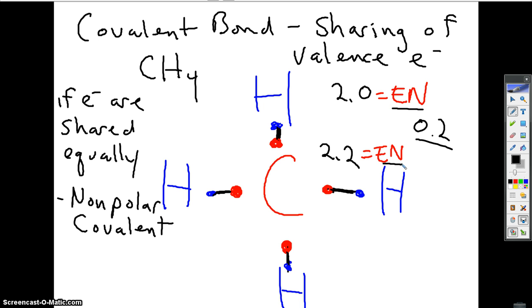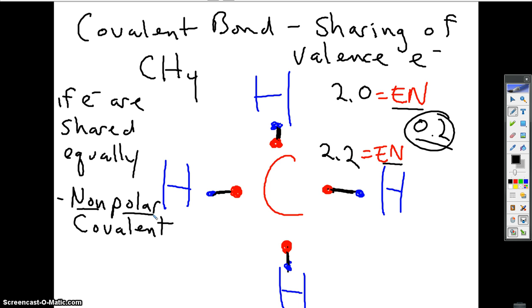The En stands for electronegativity, and it's a measure of an atom's ability to attract shared electrons. Carbon has an electronegativity of 2.2 and hydrogen 2.0, so there's a difference of 0.2, which is negligible. So the two atoms are sharing those electrons equally, and we get what's called a nonpolar covalent bond.